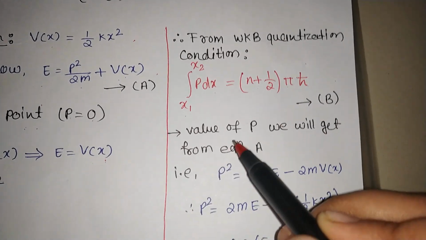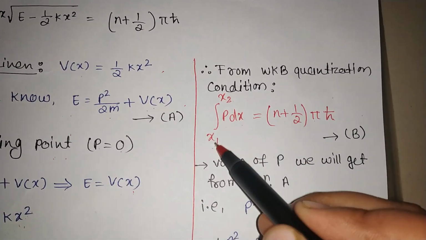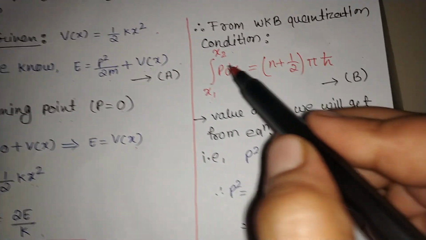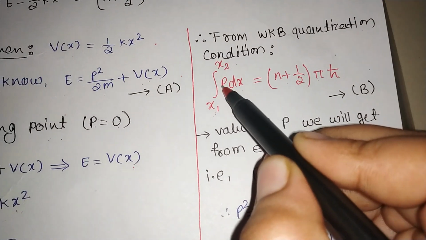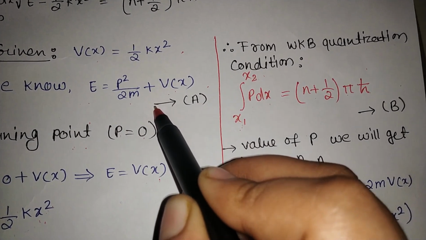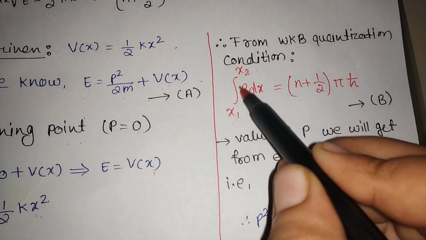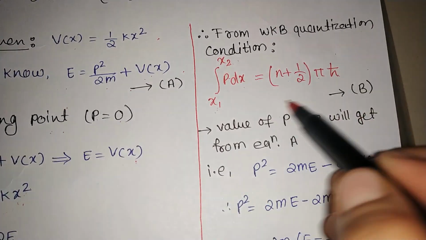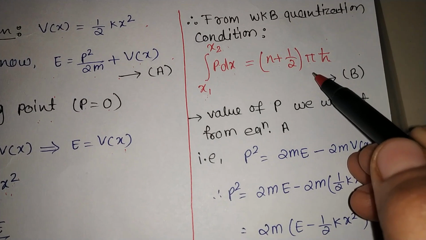Here x1 and x2 are the limits we have got. The value of momentum we will get from equation A. First we will find the value of p, then substitute it in this equation, and then we can easily determine the result.